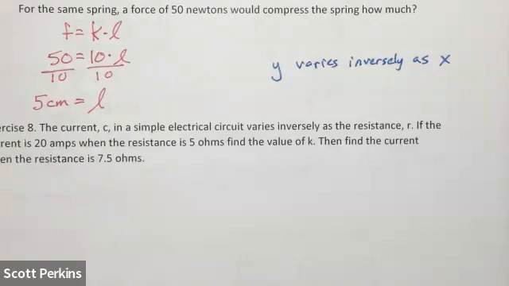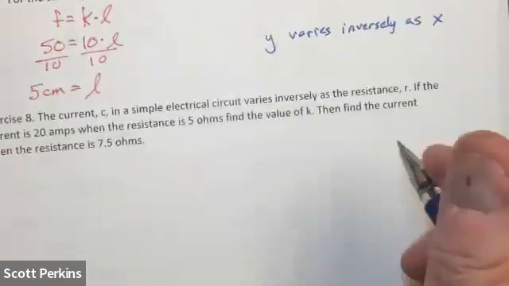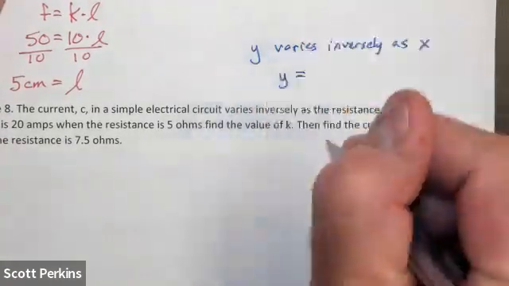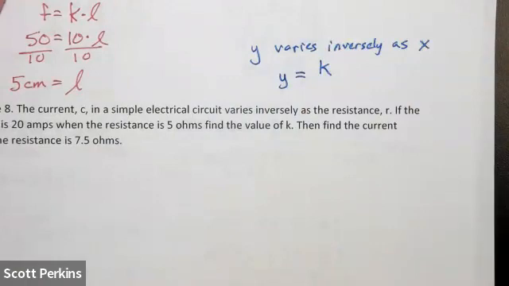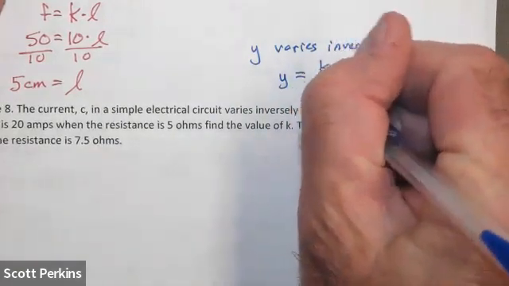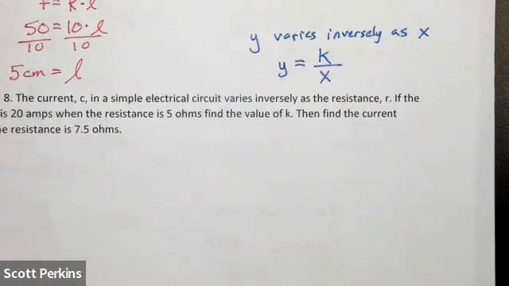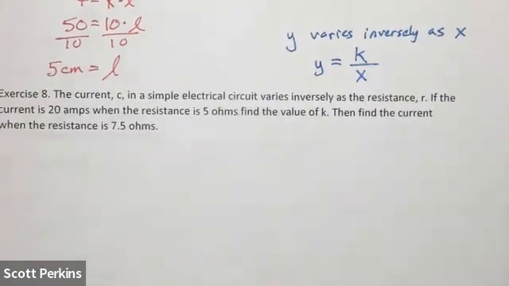So if y is getting bigger, then x is getting smaller. And if y is getting smaller, x is getting bigger. They are going in opposite directions. And so mathematically, the way we express that relationship is y equals k, but now instead of times x, it's divided by x. And that's why our book sticks this topic in this chapter, because of these fractions that we get in an inverse relationship.